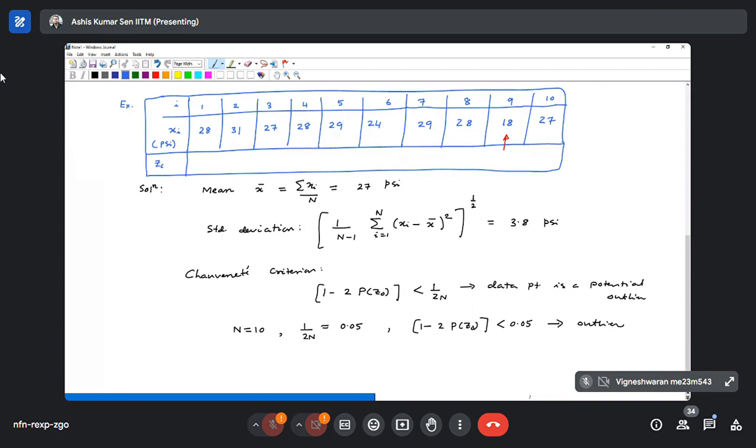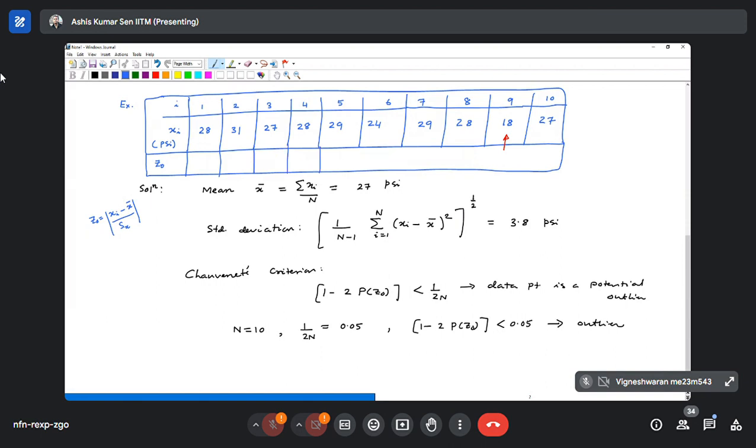So I find Z0. What is the definition of Z0? Z0 is the absolute value of xi minus x mean, divided by Sx. I take the mod of that so that everything is positive.